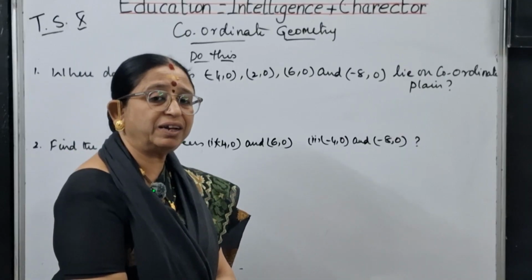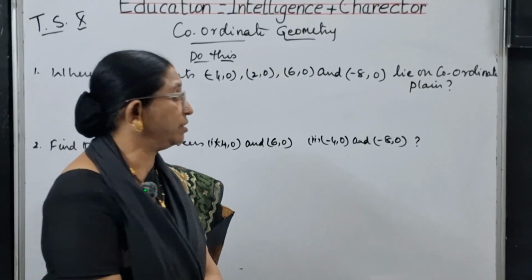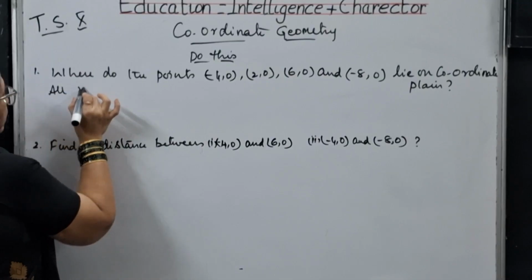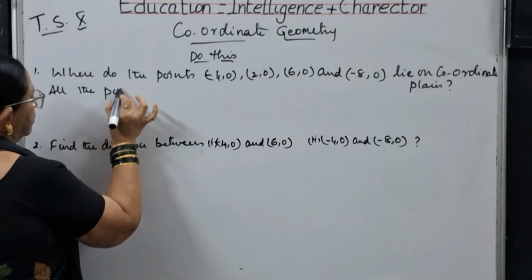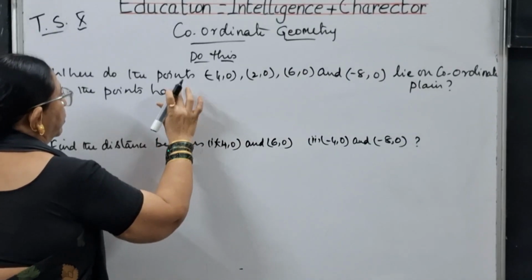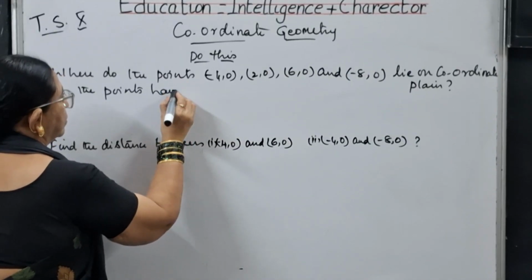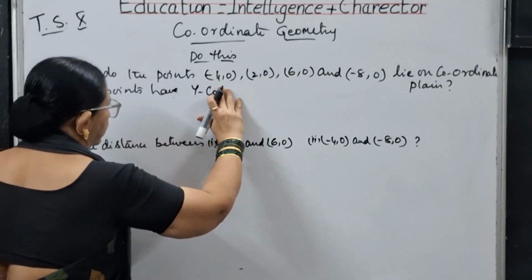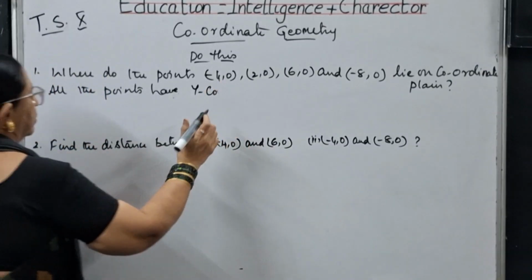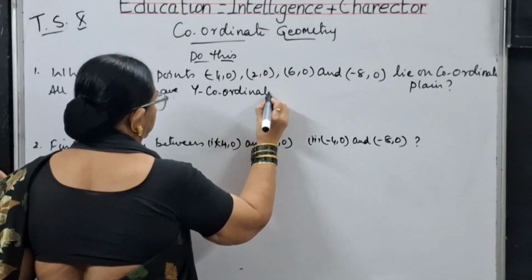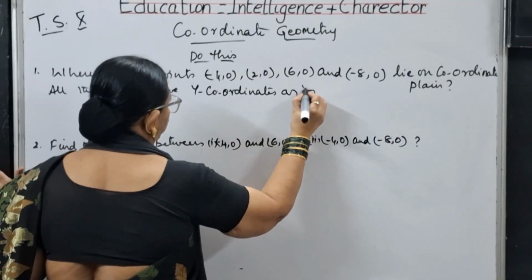So what did I say earlier? If the coordinates on the y-axis, I can say, I will write like this: all the points have y coordinates as 0.